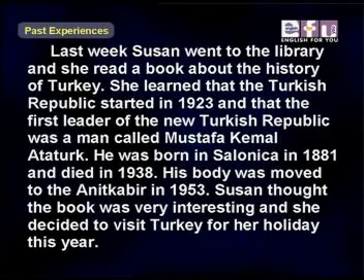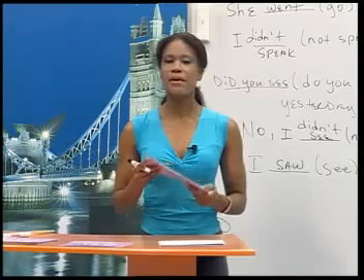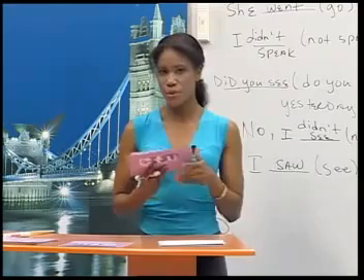He was born in Salonika in 1881 and died in 1938. His body was moved to the Anıtkabir in 1953. Susan thought the book was very interesting, and she decided to visit Turkey for her holiday this year. Now, answer the questions about the story.